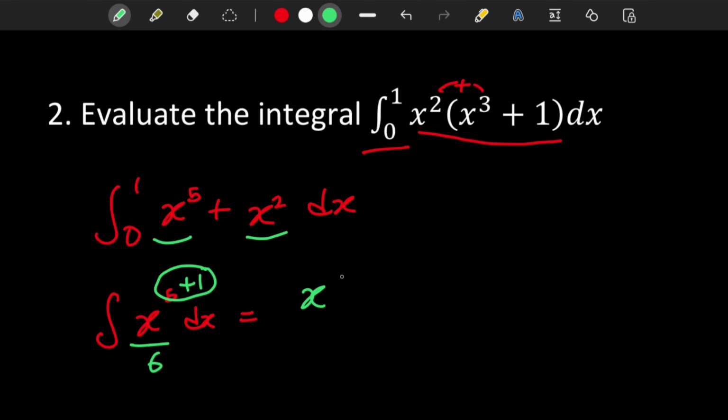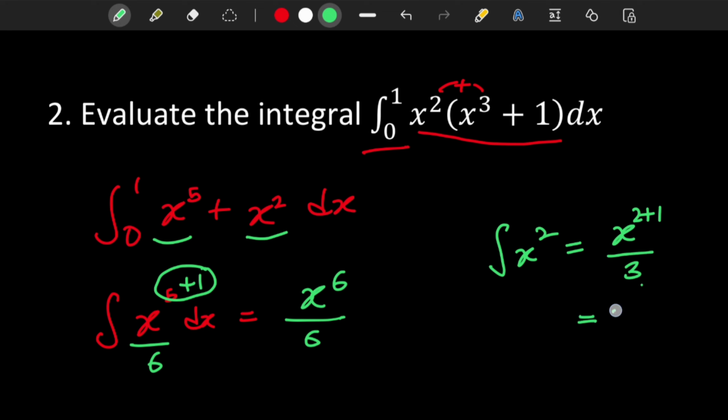So in essence, I'm going to have x raised to the power 6 all over 6. So let's do the same thing for the second one here. The integral of x squared would be add 1 to 2, then this sum, put it under here, so that will be x cubed all over 3. Okay, get that?